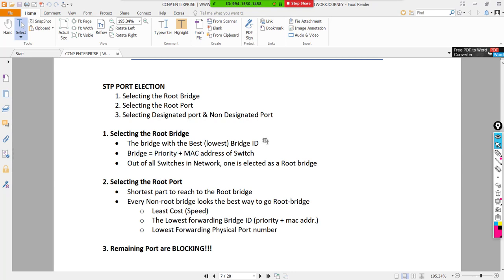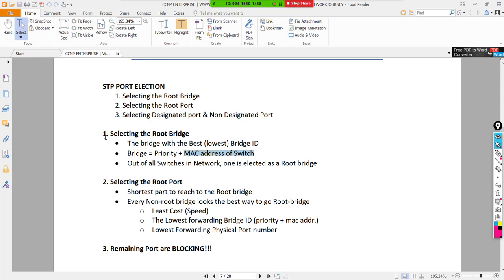And it's always the lowest that wins. It's not always the highest. Priority by default is 32768 on all the switches until or unless you change it manually. MAC address is something which you have to check on individual switches, and then you have to make the calculation of why it took the root bridge, and how to change it.